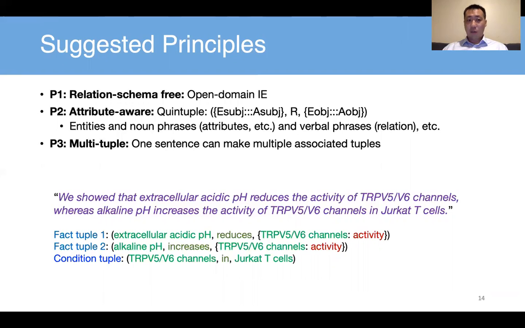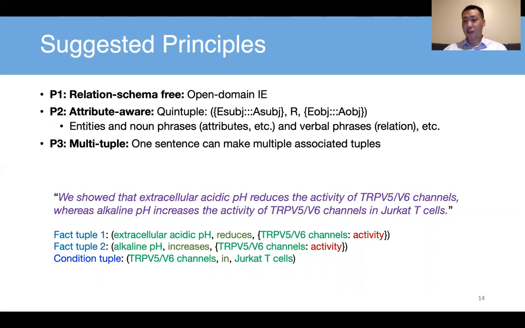So I would suggest three principles when we construct a knowledge graph from the scientific literature. Well, these principles may be a little bit different from the general domain. I mean, they may not have to be applied for general domain, but for sciences, they are pretty essential. So the first one is relation schema free. We have to do open domain.